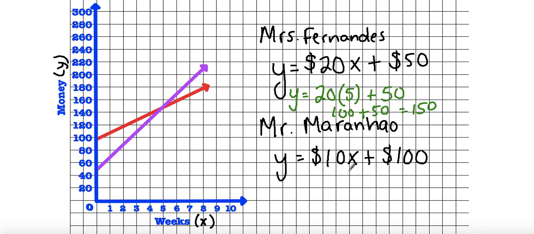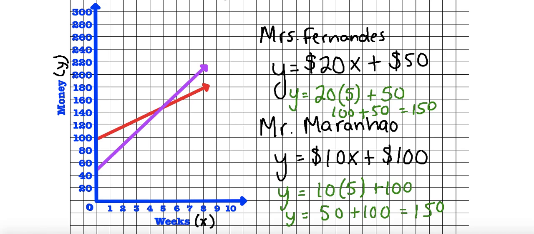And then if I wanted to know after 5 weeks for Mr. Morano, I would put Y equals 10, substitute 5 for X, plus 100. It would be Y equals 50 plus 100, which is also 150.